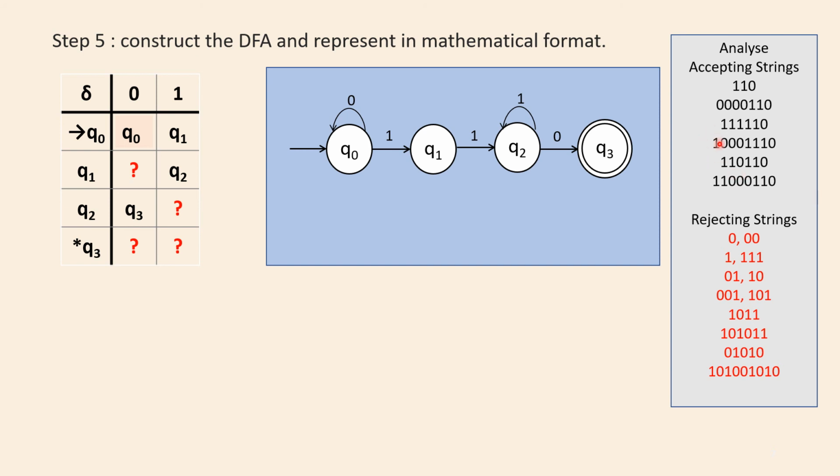Next, I have 1, n number of zeros and then again 1 ending with 110. Now, if I loop n number of zeros here, what will happen if I have a string 1010, which is supposed to be rejected, gets accepted?